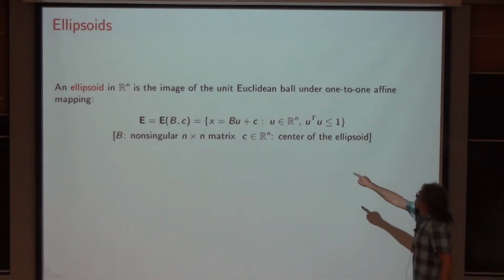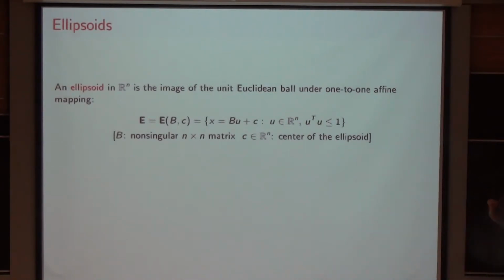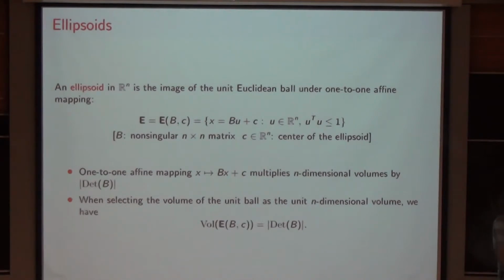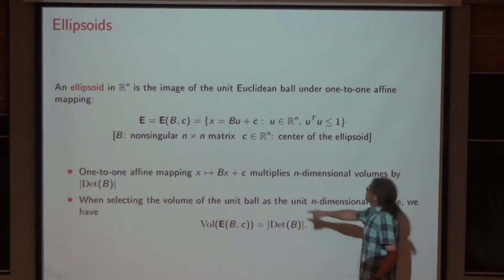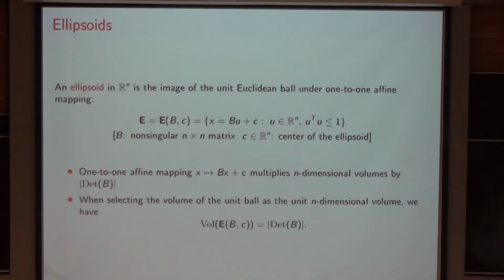You apply an affine transformation to a Euclidean ball, and you obtain an ellipsoid. If we assume the volume of the Euclidean ball is 1, then the volume of the ellipsoid is the determinant of this matrix B. Between the two representations, the quadratic form and the image of the ball, we can easily recompute all the parameters.